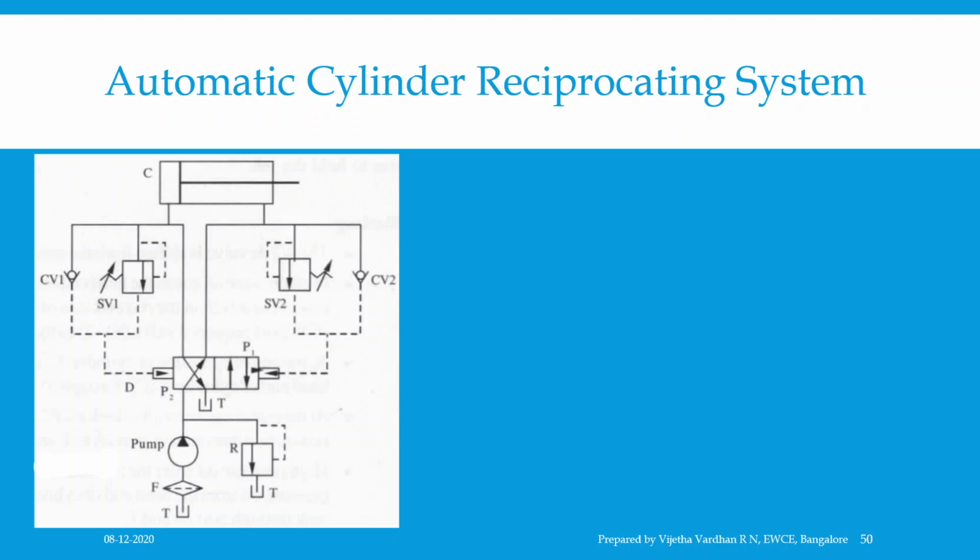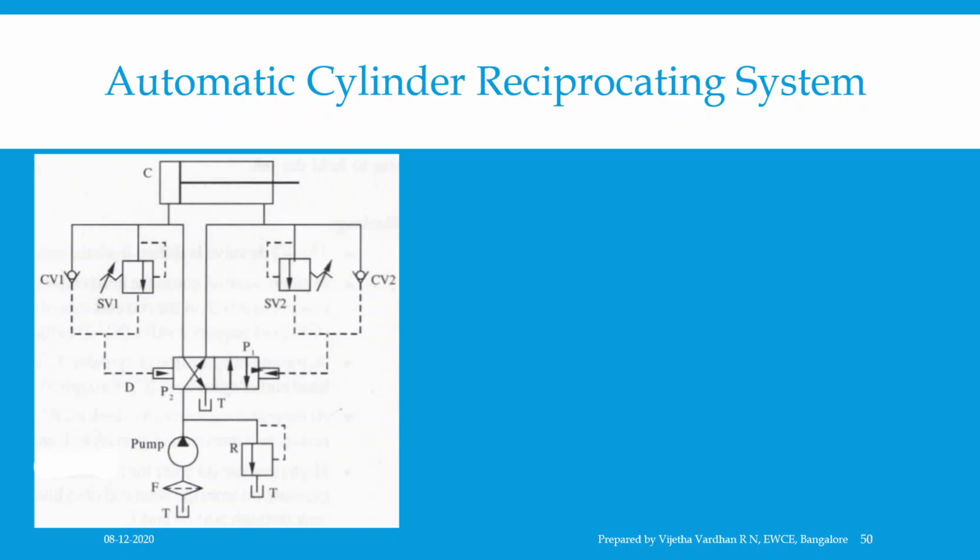The check valve is necessary to allow pilot oil to leave either end of the DCV while pilot pressure is applied on the other end. This permits the spool of the DCV to shift to position P1 and the extension of the cylinder takes place. At the end of extension, pressure builds up on the piston side, which is sensed by SV1, and the cycle continues and hence the reciprocation continues.